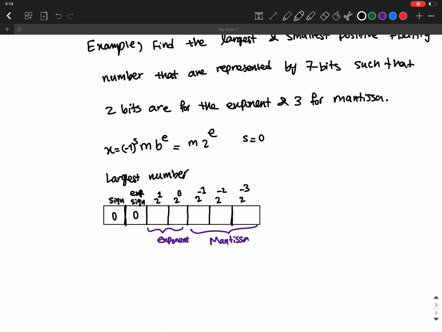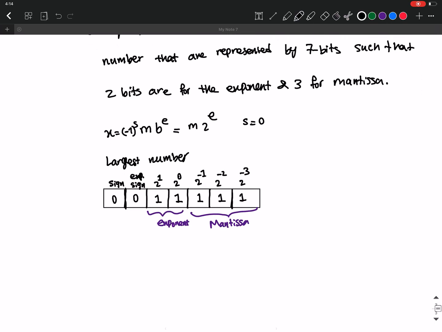And then I want the largest exponent, so it has to be 1, 1, and also the largest mantissa is gonna be 1, 1, 1. So the largest number is gonna be 0.111 in base 2 times 2 to the power 11 in base 2.